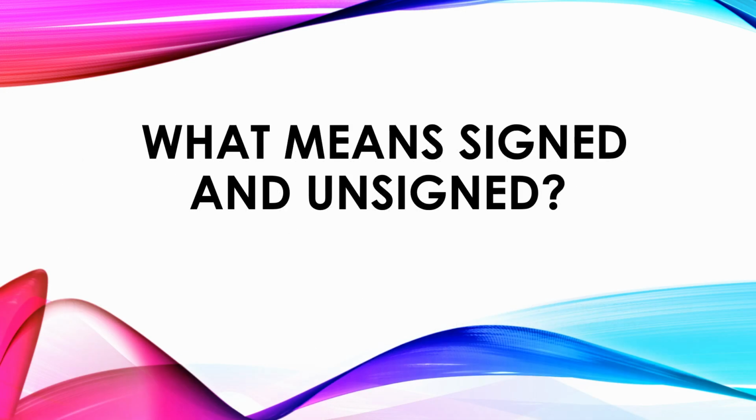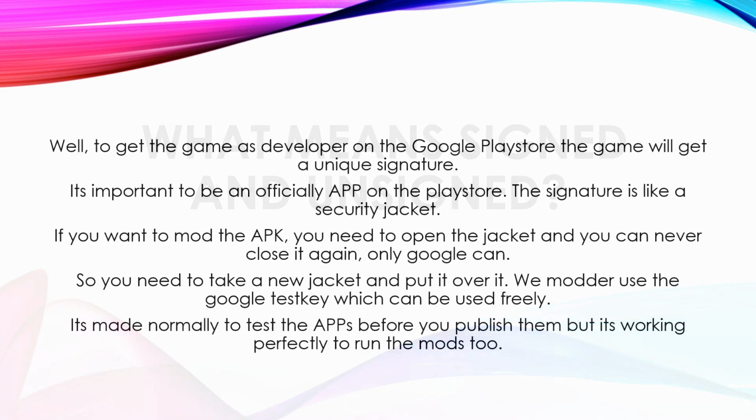What do signed and unsigned APK mean? First, we will start with signing. To get the basics, a signature is like a jacket, unique for each APK. So each APK on Google has a signature, and when we mod games by decompiling, we destroy the signature.